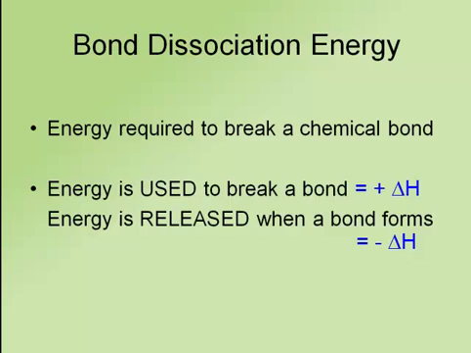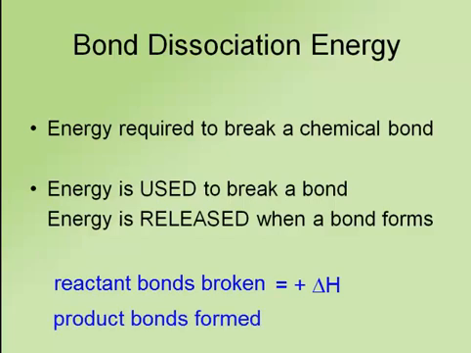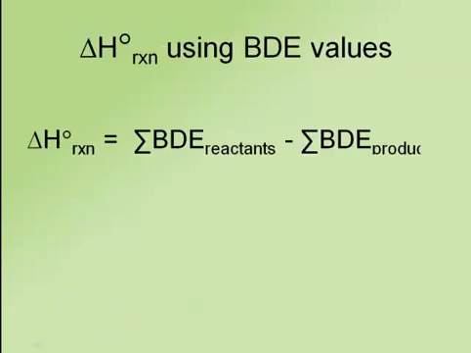So in chemical reactions, the bonds in the reactants are broken. That requires energy input, positive delta H, and new bonds of the products are formed. That's energy released, so that's a negative delta H. So to calculate the heat of reaction using bond energies, you sum the energies of all the reactants' bonds and subtract the sum of the energies of all the products' bonds.